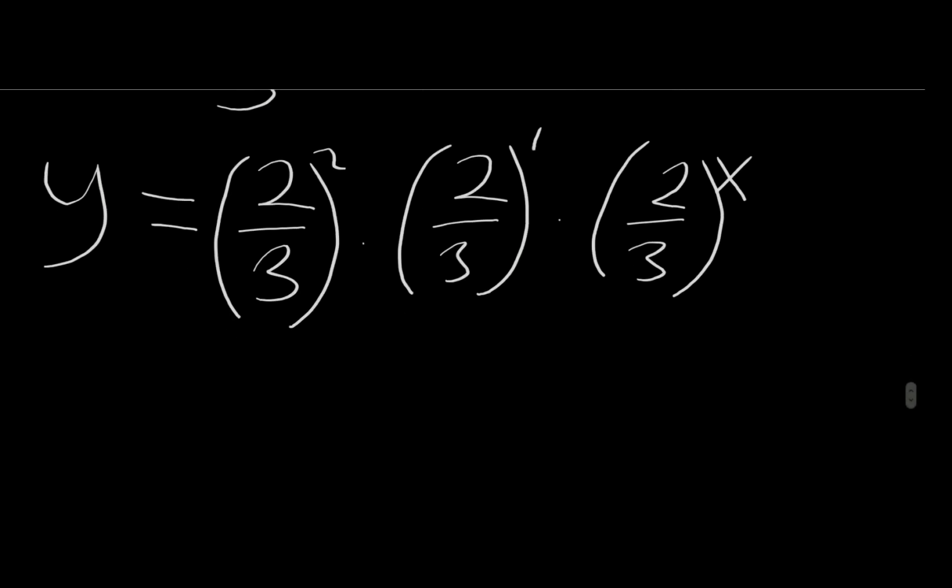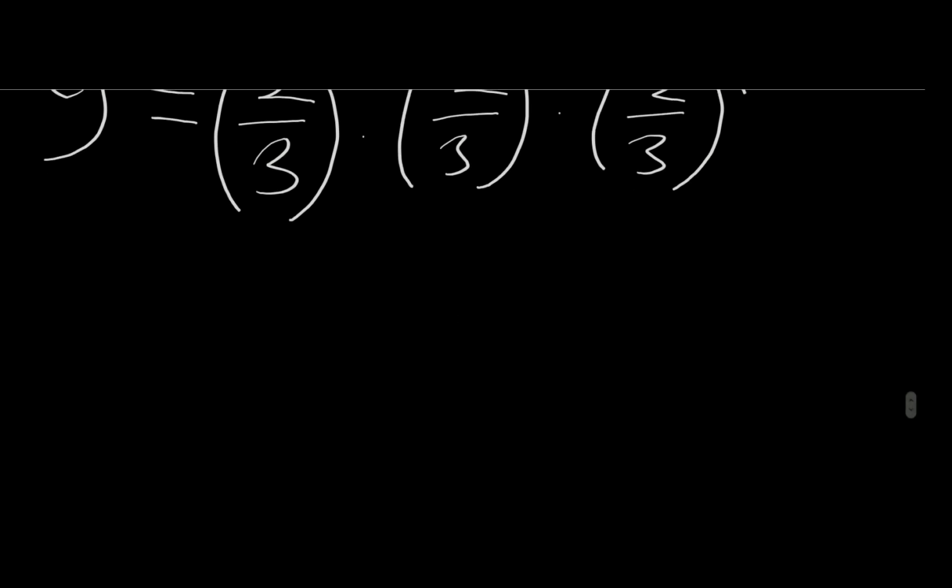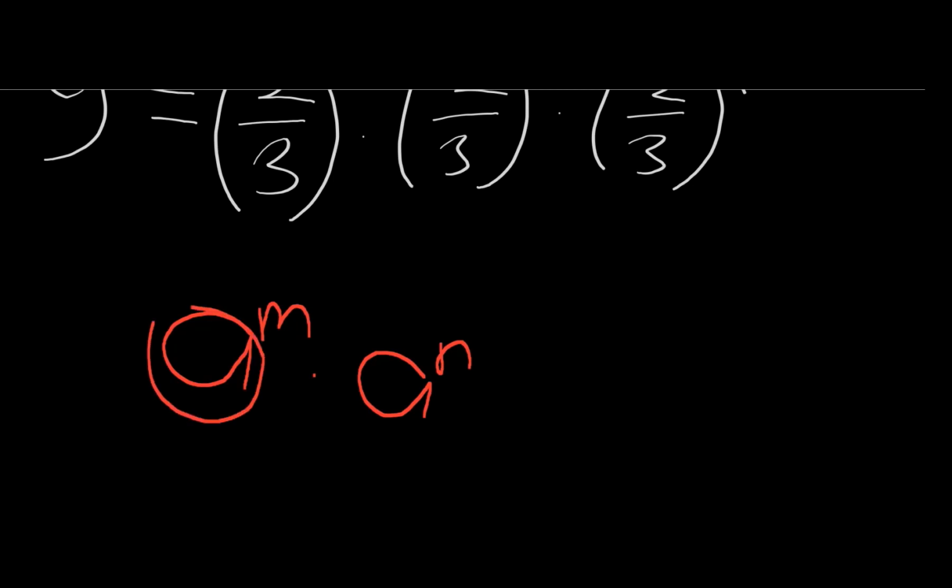Let's proceed. Now, we have a law in indices that says that if you have a base, let's say a, with exponent m, times the same base with another exponent, let's say n, then once the bases are the same, you write the base and add the exponents.